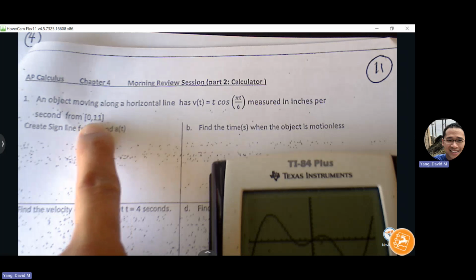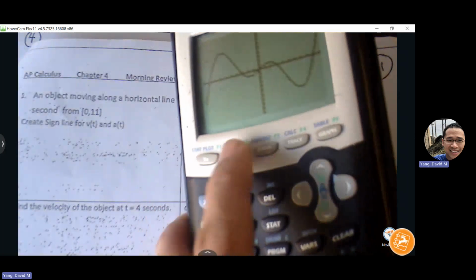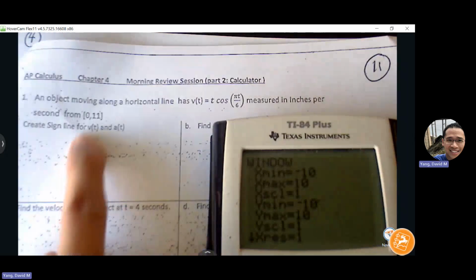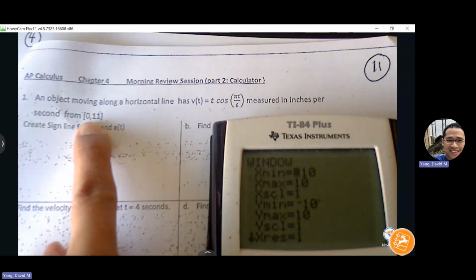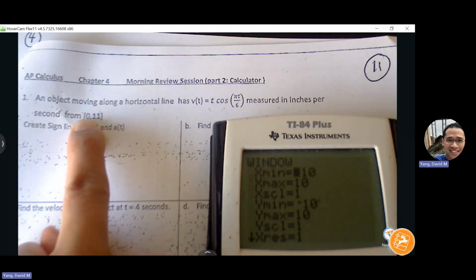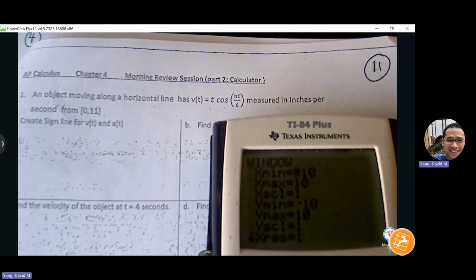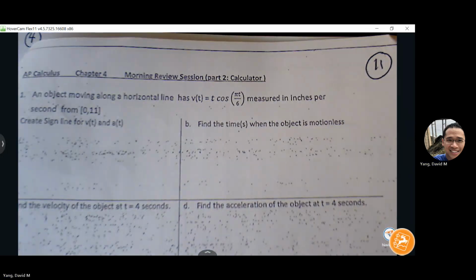So these are the x min and x max, the furthest left and furthest right. We can go back to our window screen and adjust our x min and x max. For me, I like to see a little beyond my endpoints so that I don't miss something at the edge of my graph. So on my window, I'm going to go from -1 to 12, just to make sure that I don't miss anything.